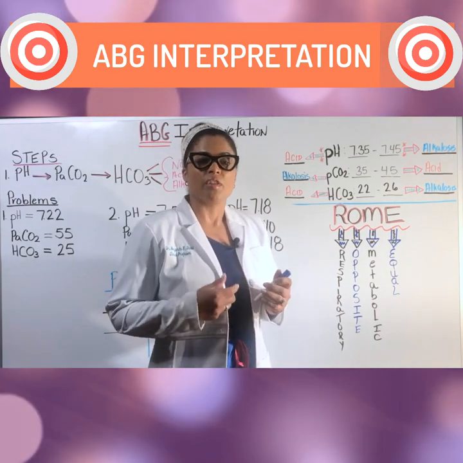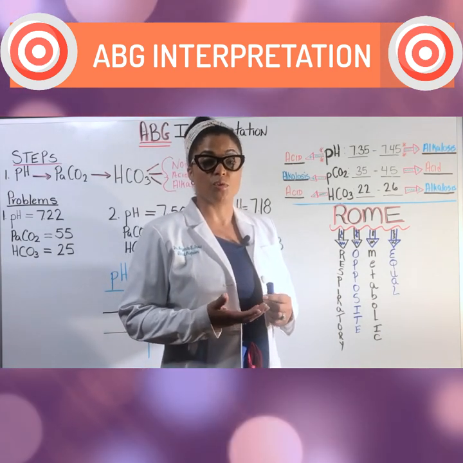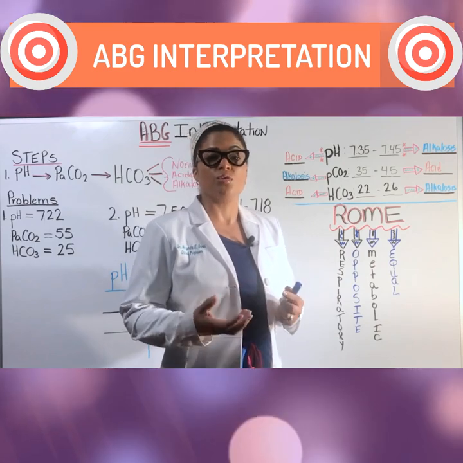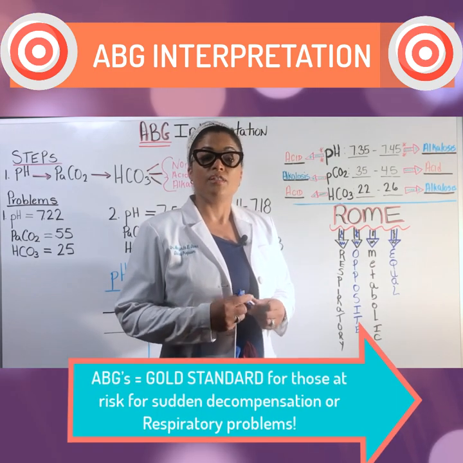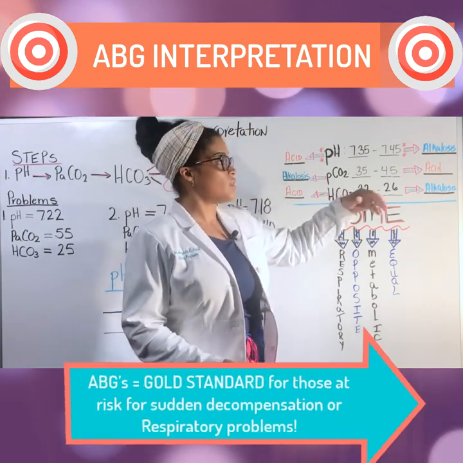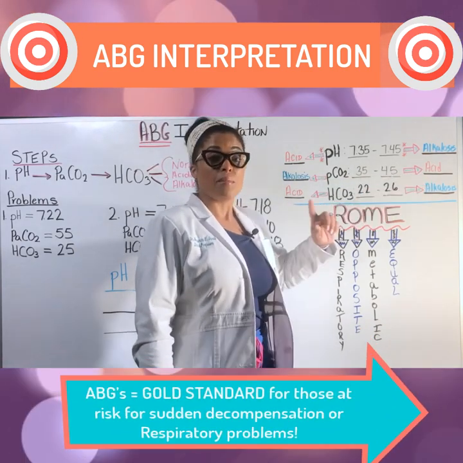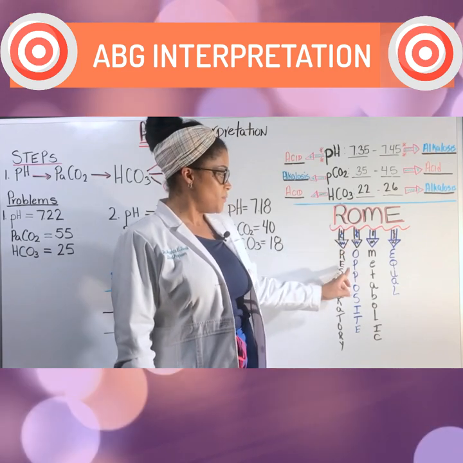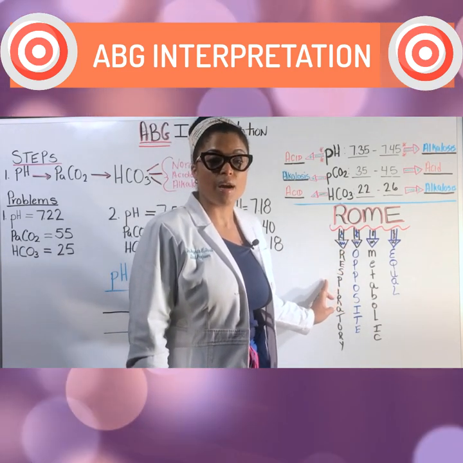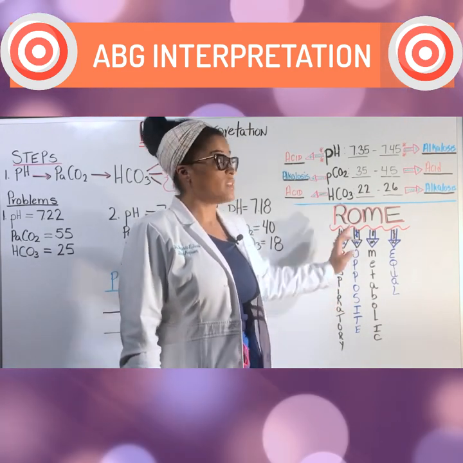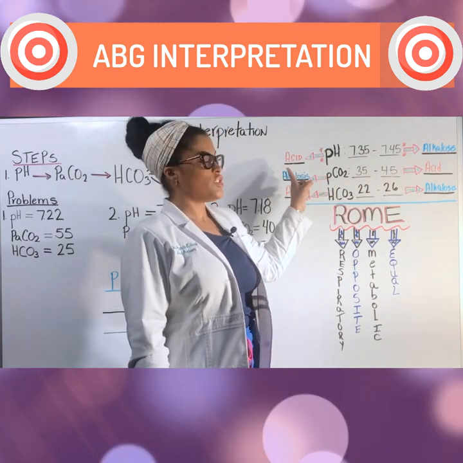For example, if you have a patient that has respiratory acidosis due to the retention of CO2, their CO2 level is going to be elevated, above 45, making it an acidic environment. Because the pH and the CO2 are opposite, if my CO2 is high, my pH is going to be low.